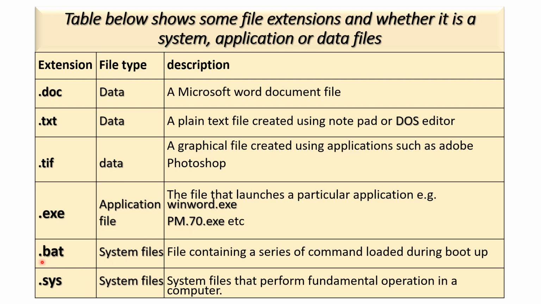And again, .bat, this is a system file containing a series of commands loaded during the boot up. So .bat again, it's a system file. You don't work with this one without knowing what it is. And finally, there is .sys. .sys files are system files that perform fundamental operations in a computer.